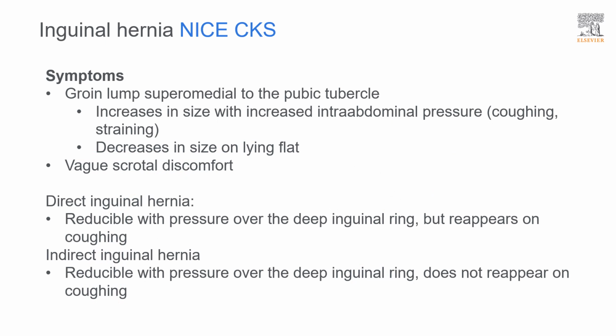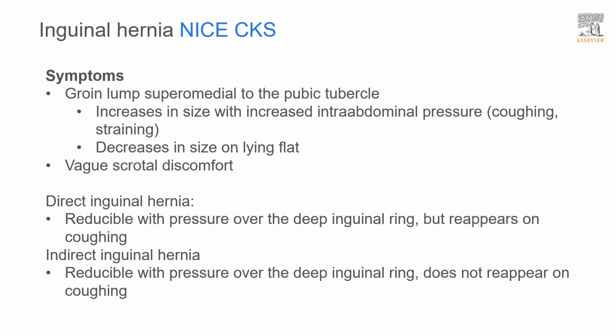Inguinal hernias present with a groin lump superomedial to the pubic tubercle. These lumps typically increase in size with increased intra-abdominal pressure, such as coughing or straining, and decrease in size or reduce when lying flat. There may be associated vague scrotal discomfort, although many are predominantly asymptomatic.